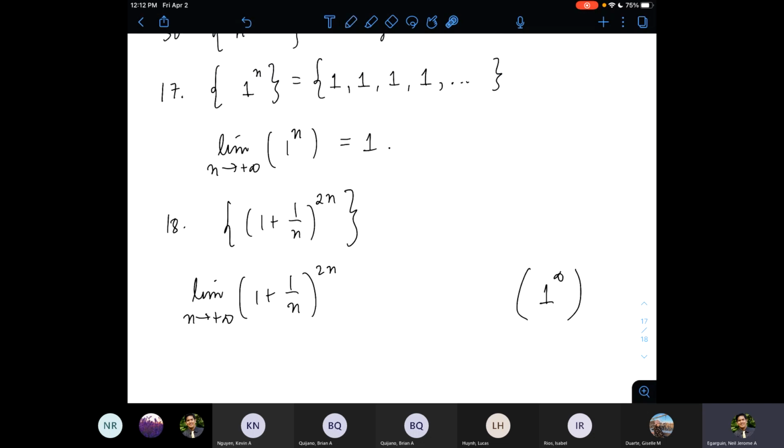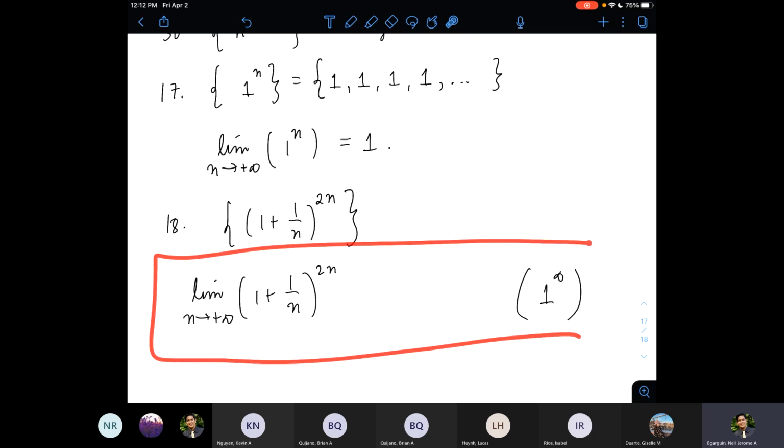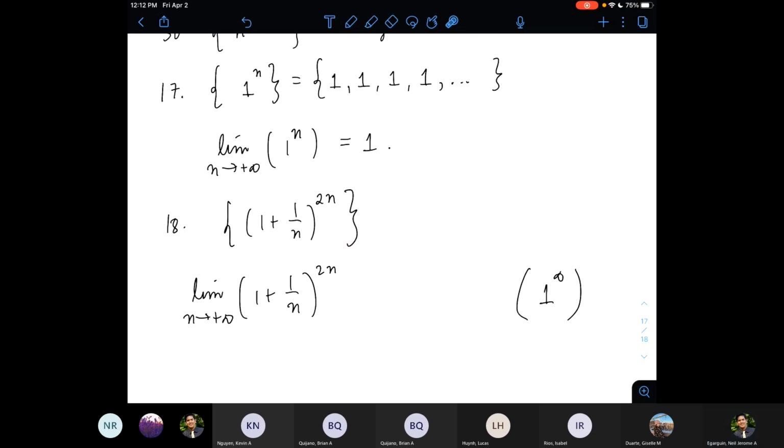But you might be confused right now because why am I saying that that's indeterminate when I encountered the same thing before? I have 1 raised to n as n goes to infinity, and I get the limit is equal to 1. I didn't mention anything about indeterminacy. So can anybody tell me why I ended up concluding that this is an indeterminate form, which is in direct contrast to what we had in the sequence in problem 17?